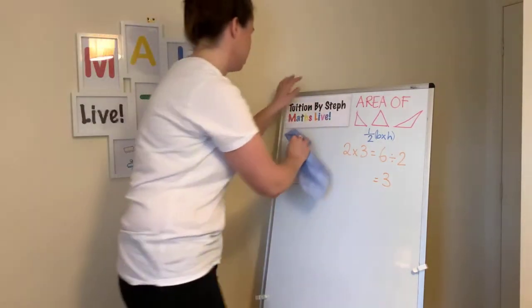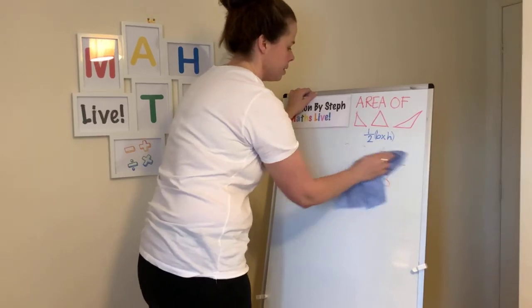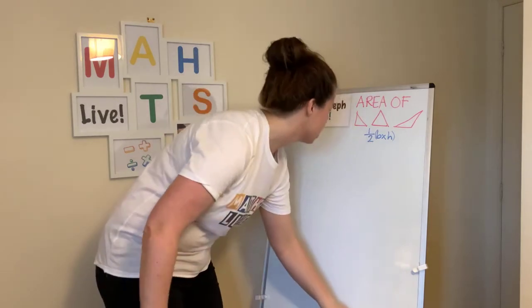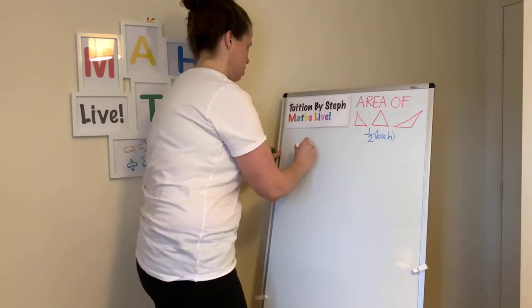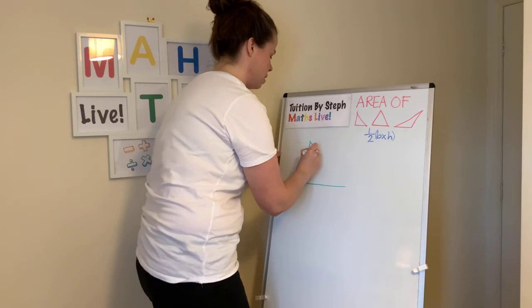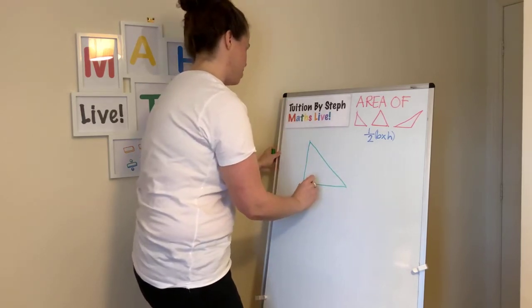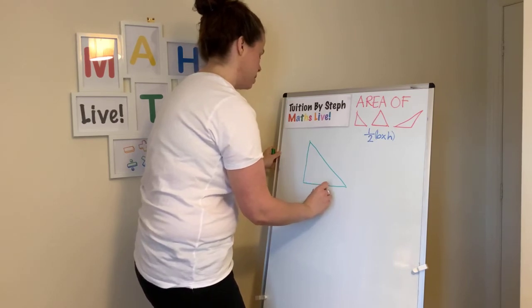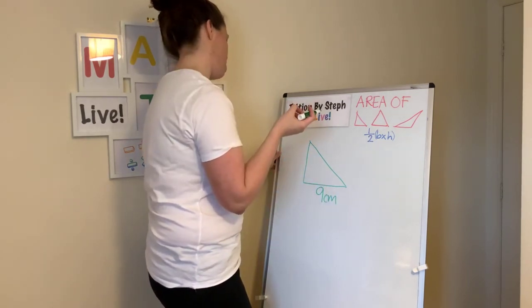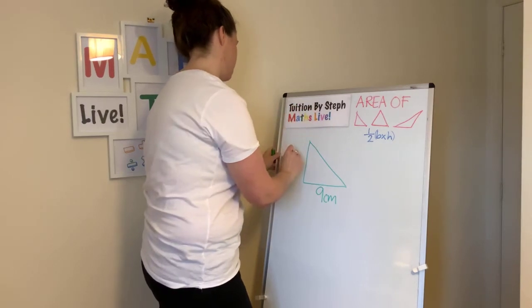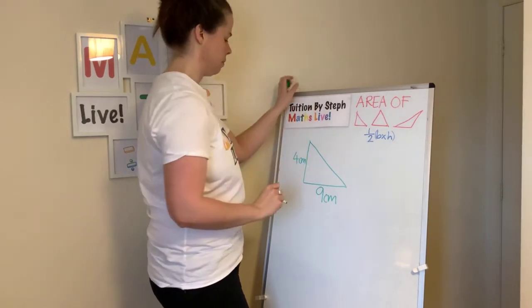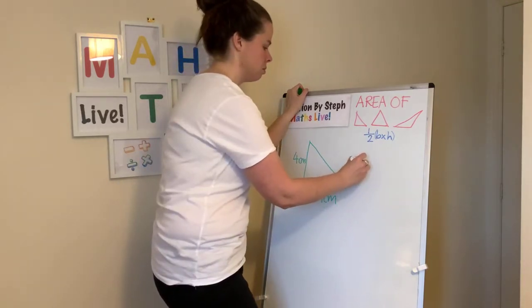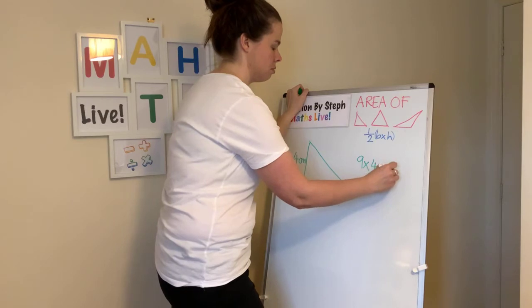Again, I'm just going to stick with right angle triangles to start. So here's another. Let's say that this is 9 centimetres, and this is 4 centimetres. So if I do 9 times 4, that's 36.